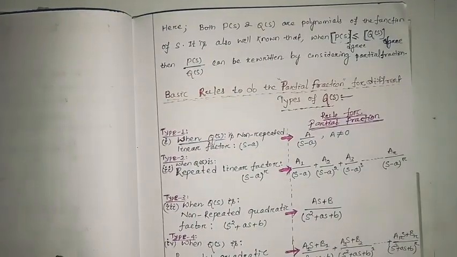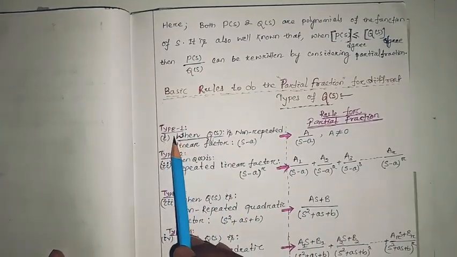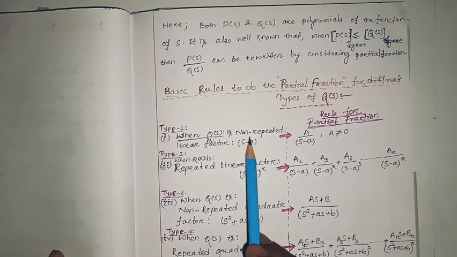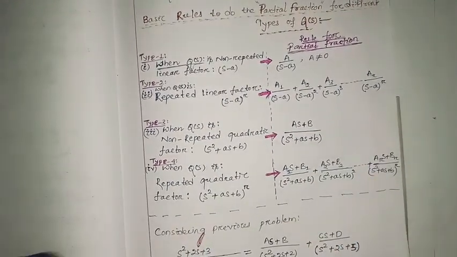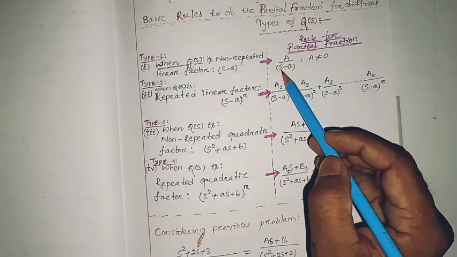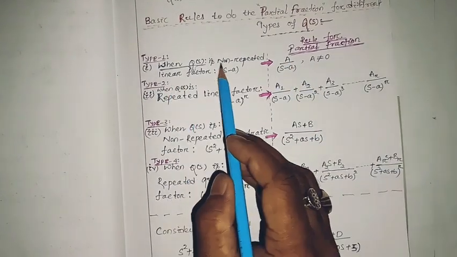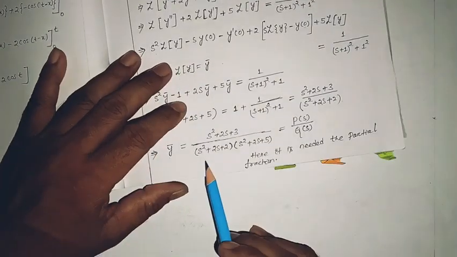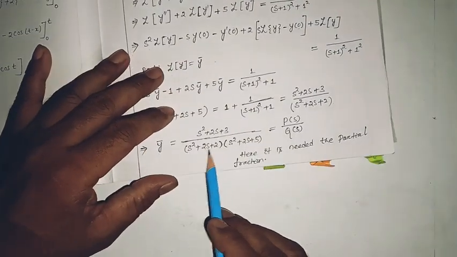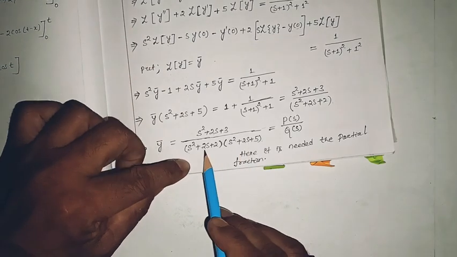So first we have to discuss type 1, the situation when Q(s) is non-repeated. That means a/(s-a), a non-repeated linear factor. Here both factors are different.